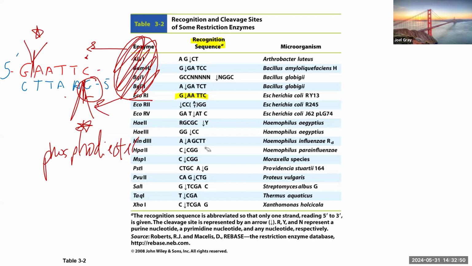EcoR1 cuts GAATTC, and this is E. coli existing in the universe, it has an enzyme that cuts GAATTC. My question for you is, do you think that that specific sequence, GAATTC, is found anywhere in the E. coli genome?